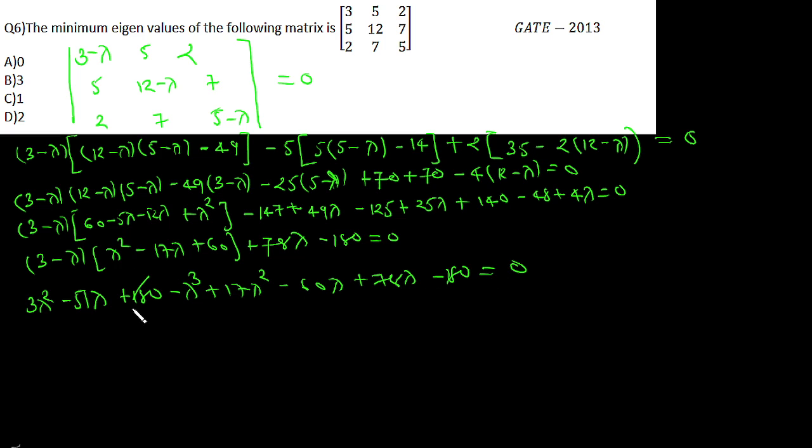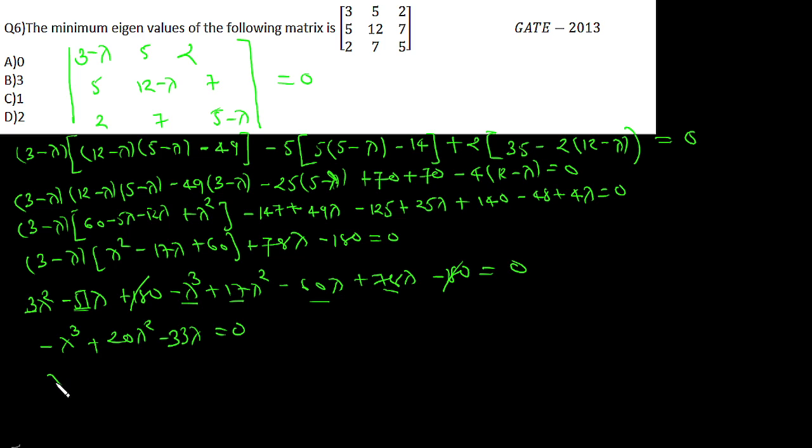Now you can see the 180s cancel out. The equation is minus lambda cube, and the lambda square terms add to 20 lambda square, and the lambda terms are minus 51 minus 60 plus 78, which is minus 33 lambda, equal to 0.